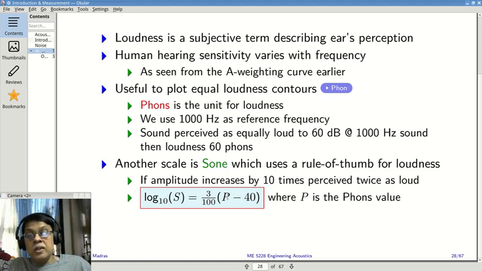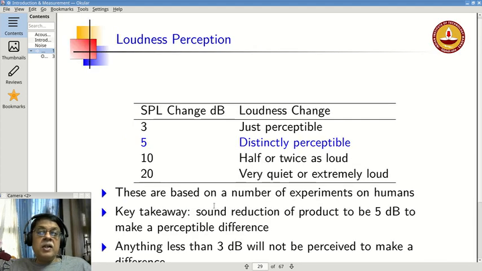So one zone corresponds to 40 phones. You can see if P goes from 40 to 50, that is about 30 by 100, 0.3, which is 2. So when I go from one zone to two zone, the P has changed by 10, which is a 10 dB increase, right? Alright, so that is another thing.